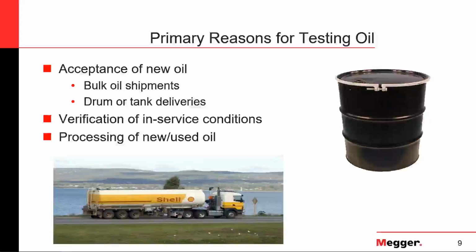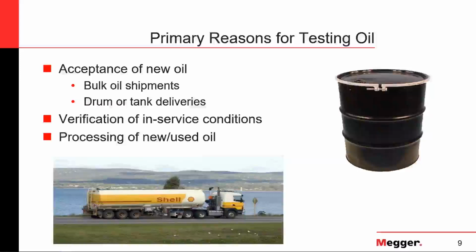Like I said before, the insulating oil is an excellent dielectric and an excellent cooling medium. Now, I would say whenever oil can be sampled from out of the equipment, then it is highly advisable to test it to make sure that the oil is in good condition to continue in service.